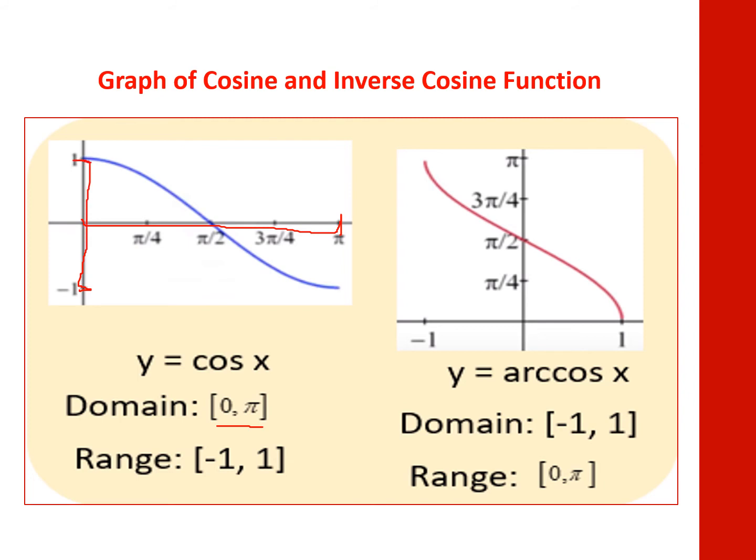And in the inverse function of cos x, the domain is closed interval minus 1 to 1, and the range is closed interval 0 to pi. So understood the difference between the cos function and its inverse function. See student, in cosine function, domain is 0 to pi, which is the range of inverse cosine function, and the range is -1 to 1, that will be the domain of inverse cosine function.